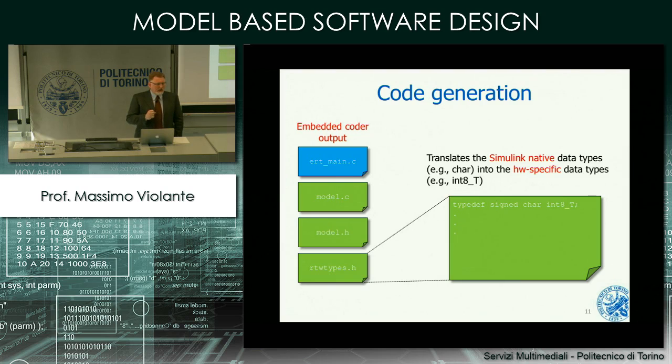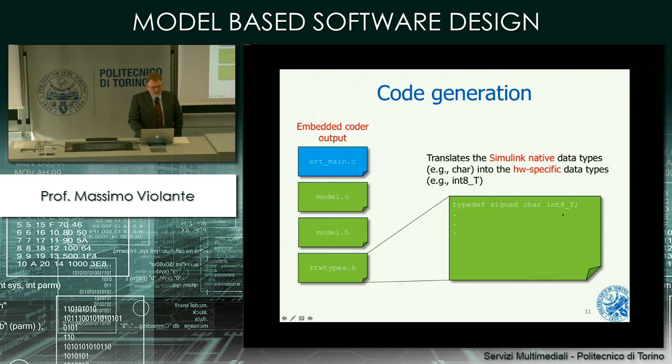Then, once our code is generated and it is deployed on the target, char, that is the Simulink data type, must be represented in terms of the data types that are known on the target.